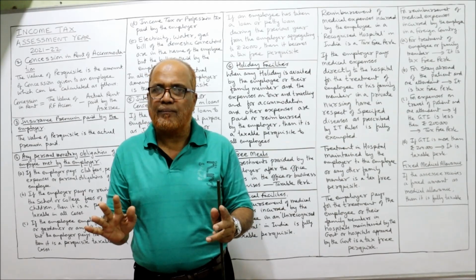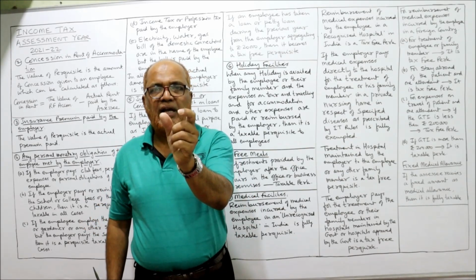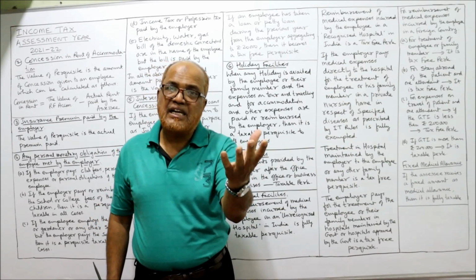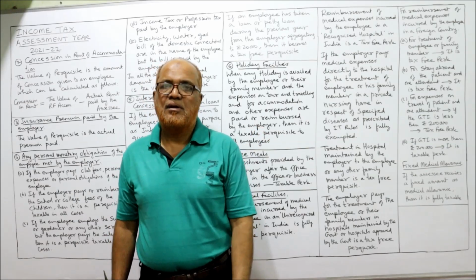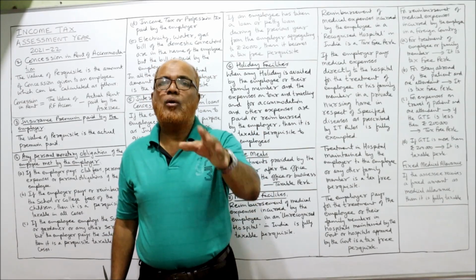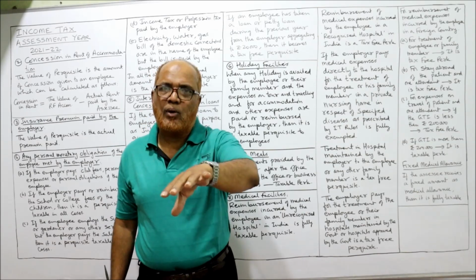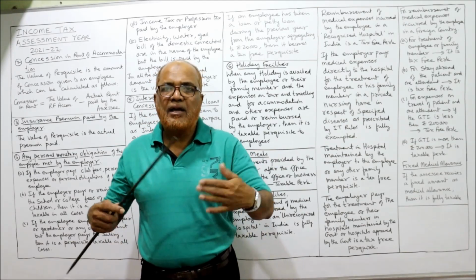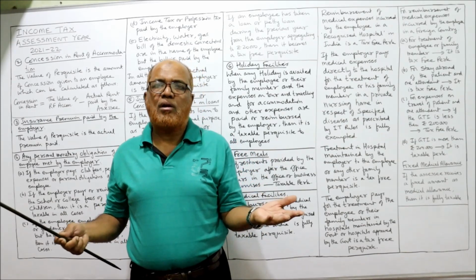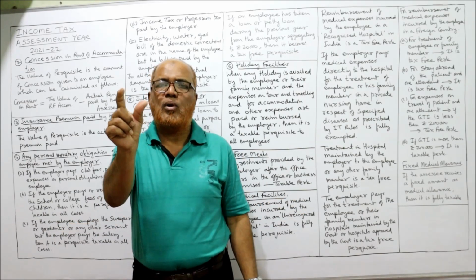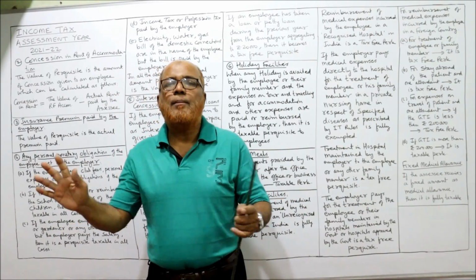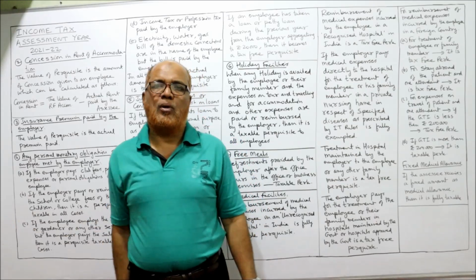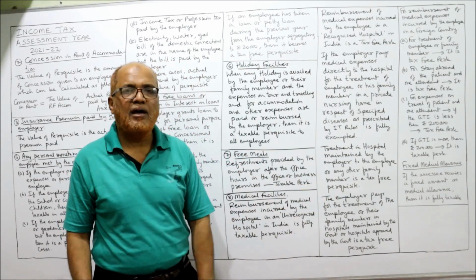No provision, nothing. You have to see the words medical allowance. Medical facility is different from medical allowance. Medical facility will be provided only when something happens to the employee or the family members. But medical allowance, whether anything happens or not, is a fixed amount the employee is getting. That is completely taxable for all employees. That is a fixed medical allowance.